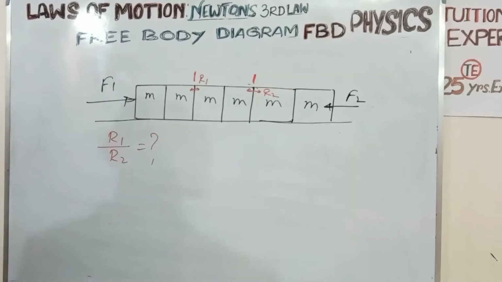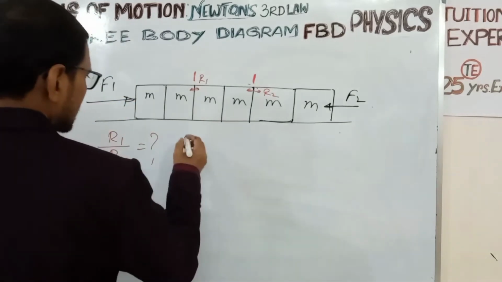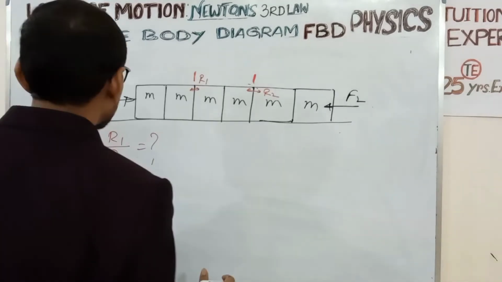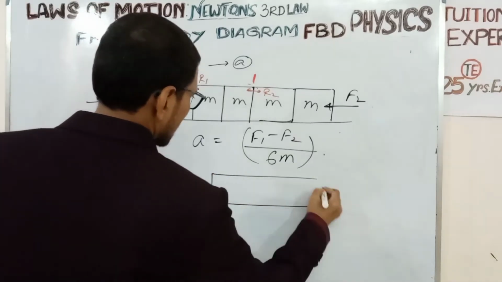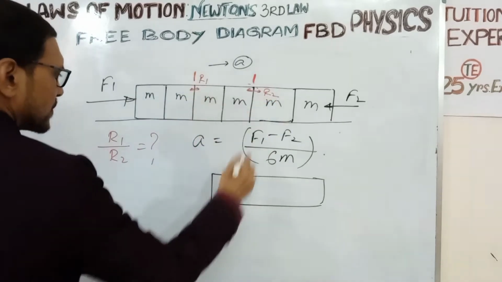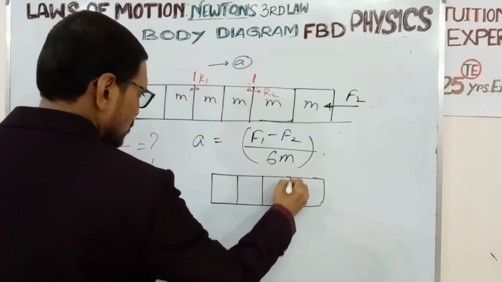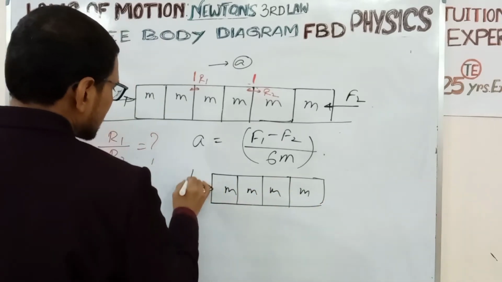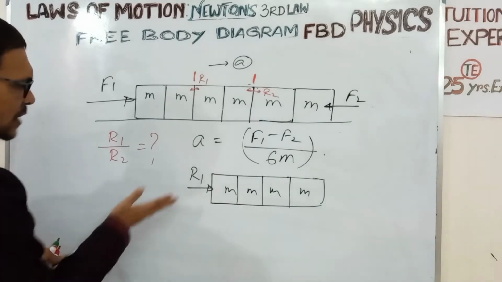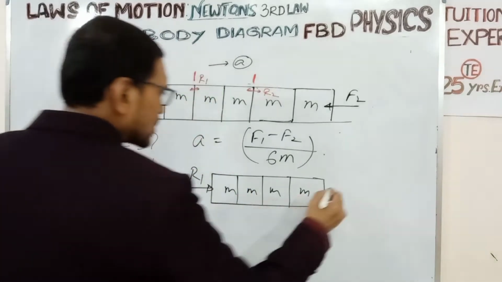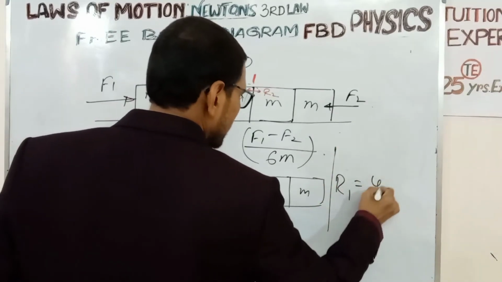For this question, if we draw the free body diagram first, it will be a longer process. So what is R1 here? The total mass on this side is 4m: 1, 2, 3, 4. This force R1 moves the 4 blocks with acceleration a. So R1 will be 4m into a.